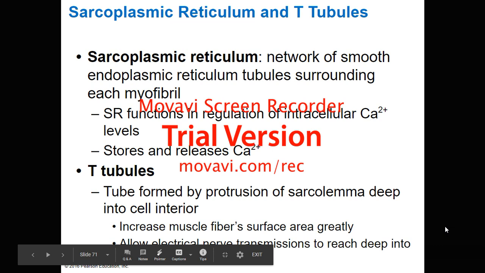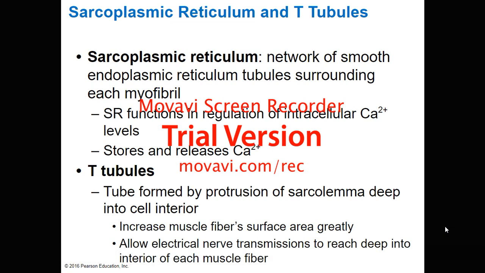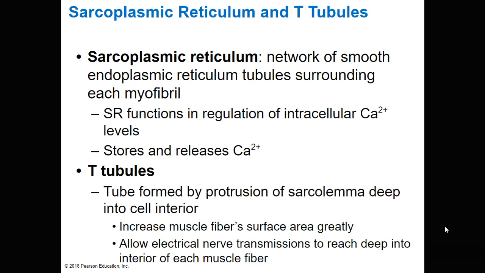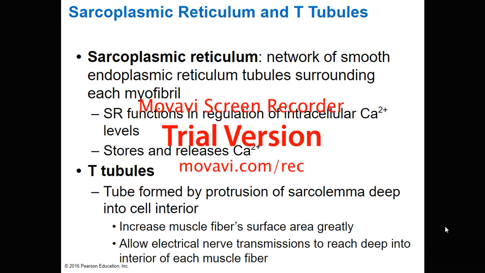You also have terminal cisterns, which are just end sacs. So the sarcoplasmic reticulum has these terminal cisterns, which form larger perpendicular cross channels at the A band, I band junctions.